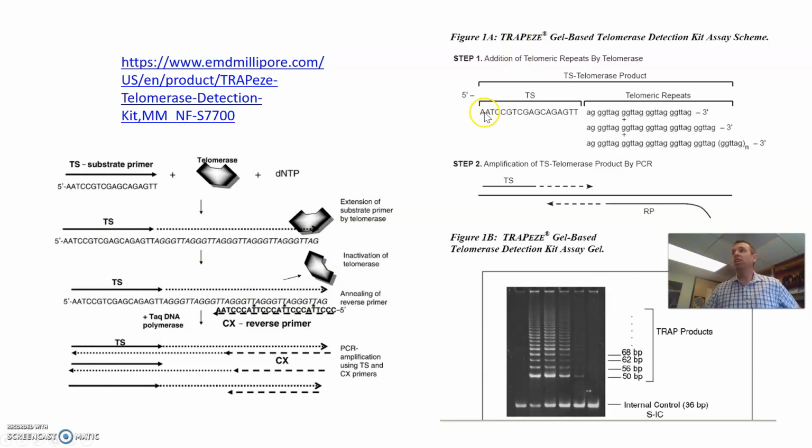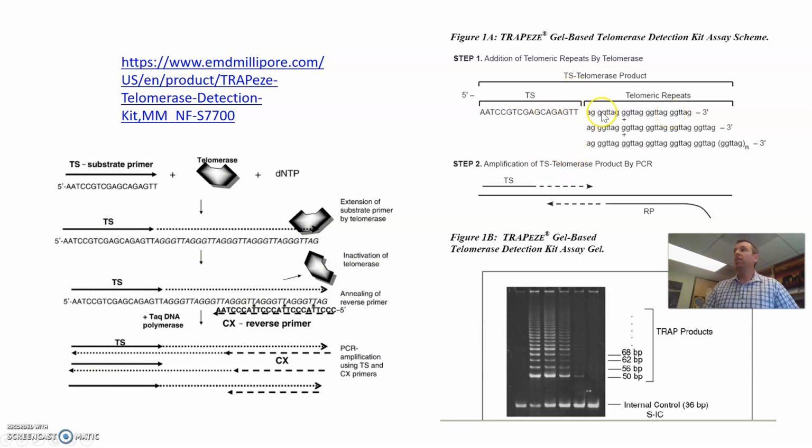All the TRAPeze does is it creates this little template. This is basically like the end of a telomere on its own, and if telomerase is active, it will start adding these repeats to this little sequence that our kit has added. And by adding these repeats, this gets longer and longer and longer, based on these 6 nucleotides at a time.